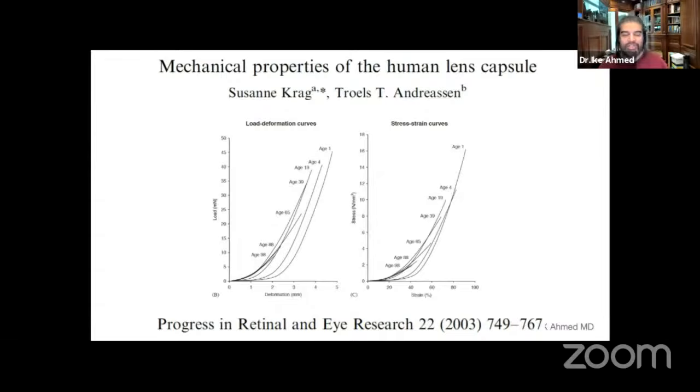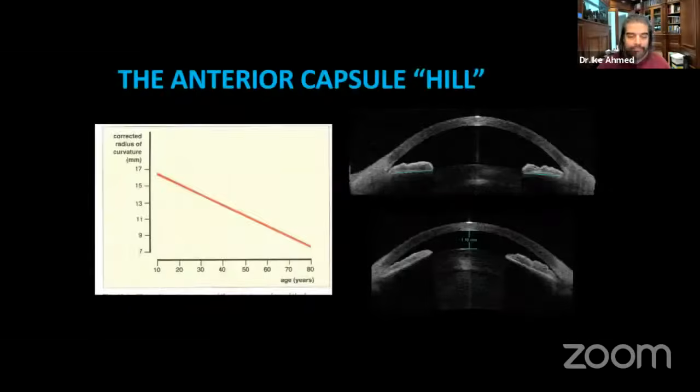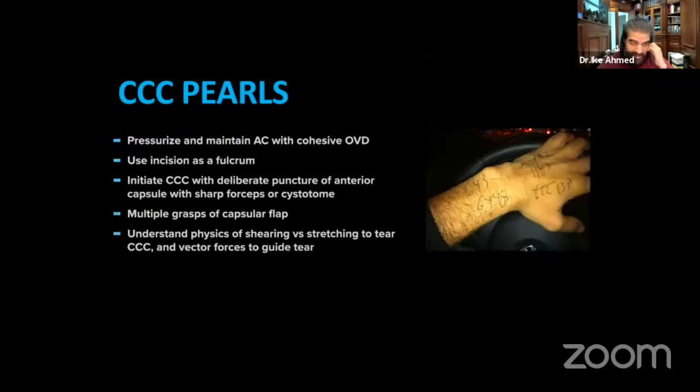We lose elasticity as we get older, which can be a plus and a minus. In young patients, the capsules are very elastic, and it can be very challenging, as the capsule wants to run out. Also, as we get older, there's more convexity of the anterior lens. This changes the vector forces of the capsulorhexis. We need to consider this, of course, because we use vector forces.